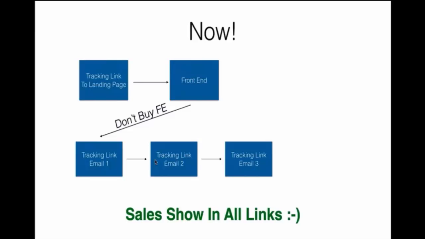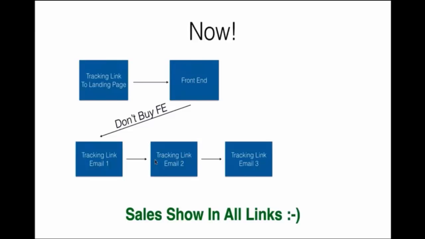Now, previously, the way the system was set up was that ClickMagick could only attribute the conversions to one tracking link. So if you had someone come in to this funnel, they opt in, they see the front end, they don't buy it, and now you're following up with them with emails to try to get them to purchase the front end.